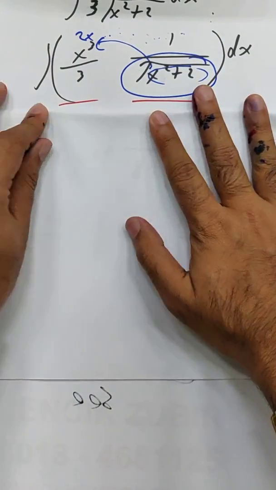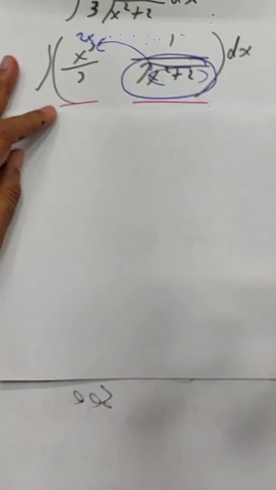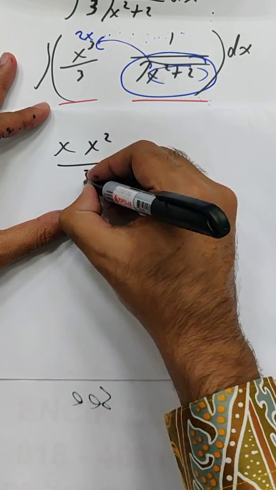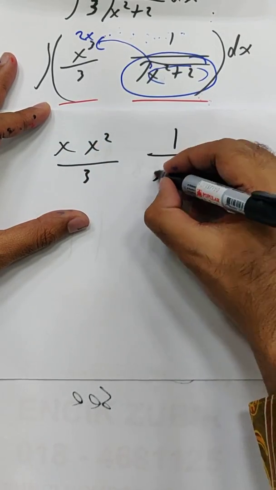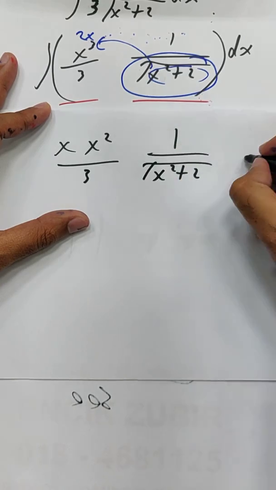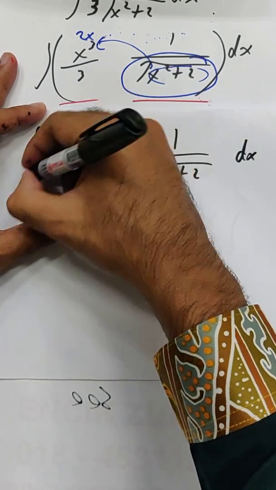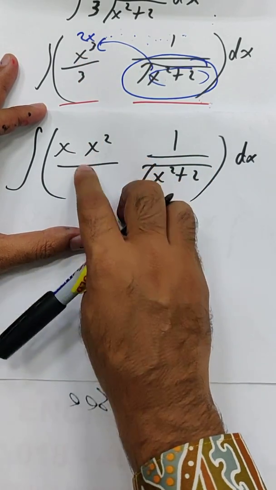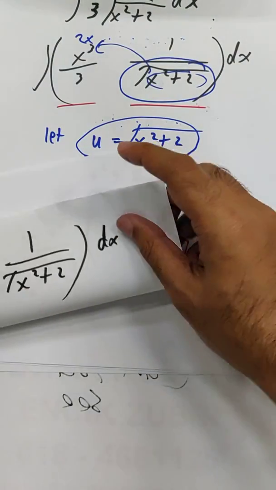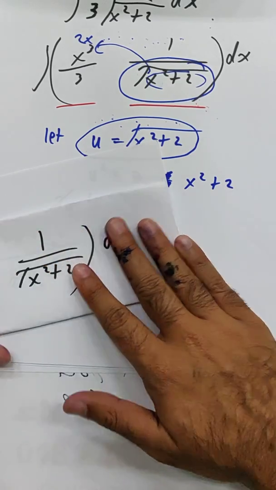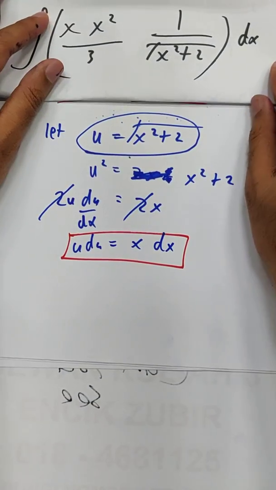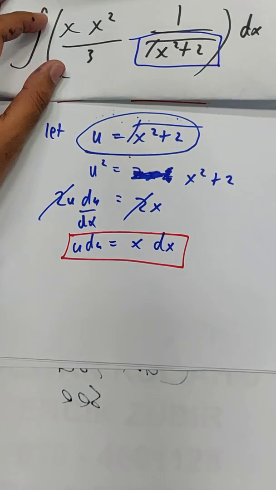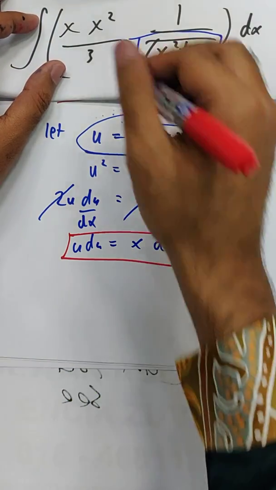I can rewrite this equation something like this: x squared over 3, x squared plus 2 square root dx. Agree with me? Basically, I'm splitting my x cubed into this. So u is still here. So now I can see my x dx.